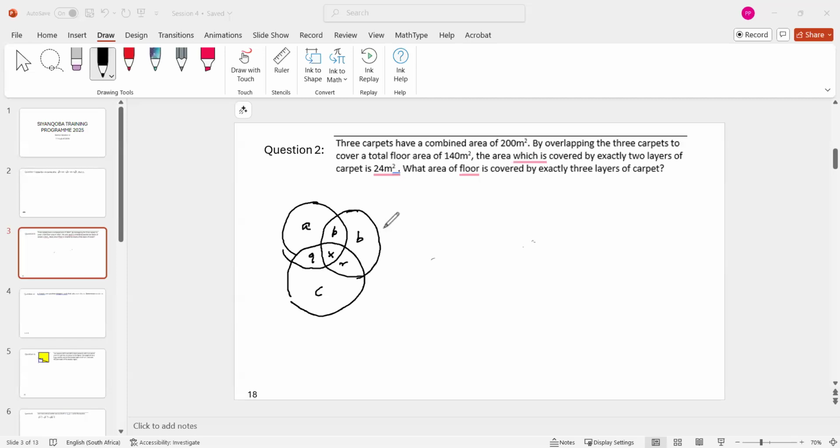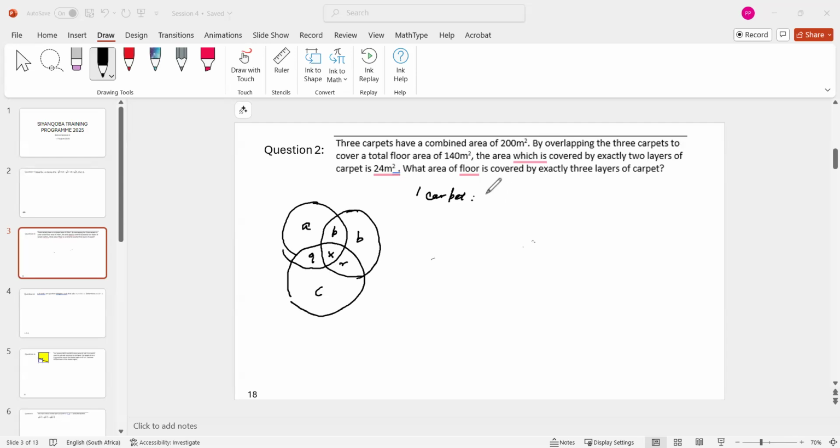All right. Now, they give you lots of information. We know that the three carpets have a combined area of 200. So if I separate these carpets, I'm going to give a new name to the area covered by one carpet, because we deal with these areas covered by one carpet in two different ways.